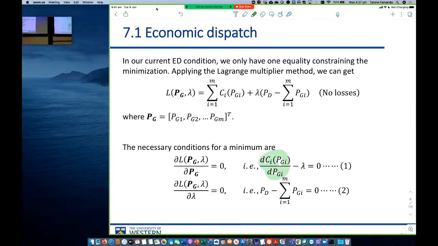Because what is in the numerator is the change in cost, and in the denominator is dPG_i, a unit of power. C_i is the cost, and dC_i is a change in cost over a change in power.